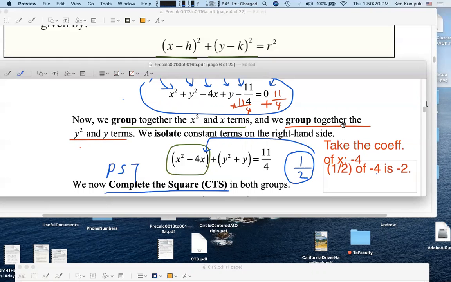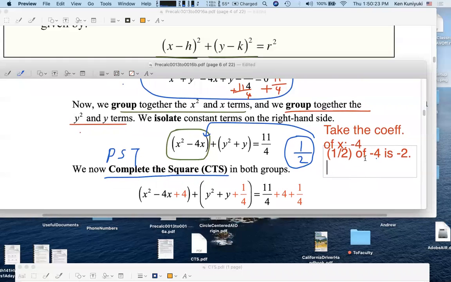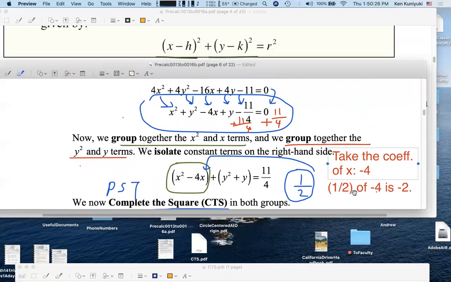And then what do we do with that result? We square it. The square of negative 2 is what?